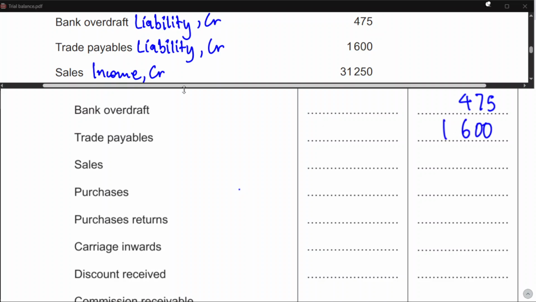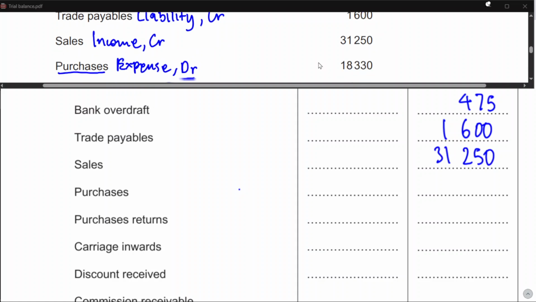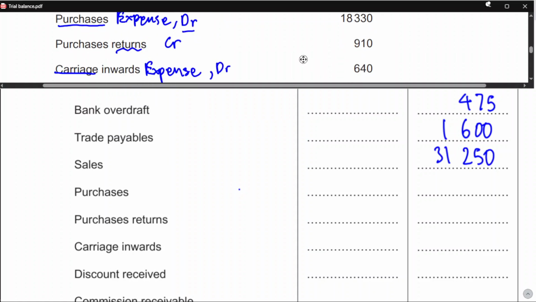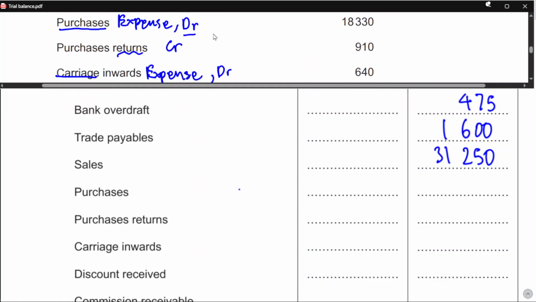Remember, credit is at the right hand side, so this one right hand side will be this amount. Then continue. They want debit this amount, so left hand side this amount. Then you want credit this amount, so right hand side this amount.